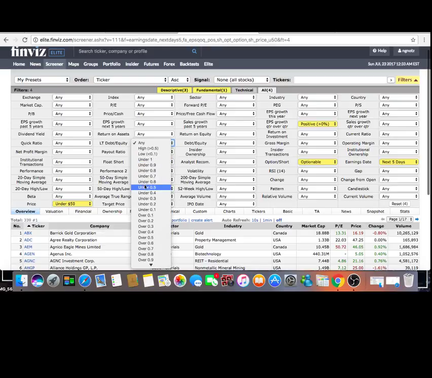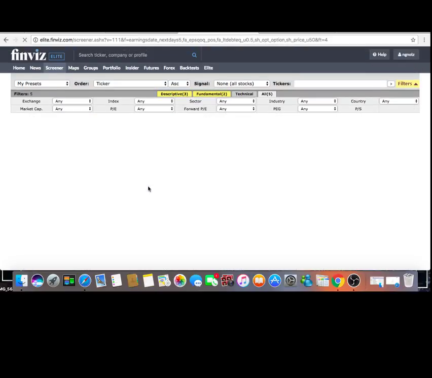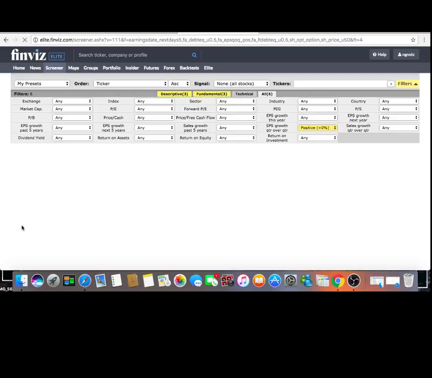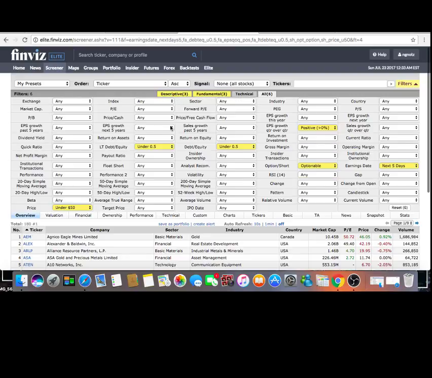I'm going to put the debt under about 5. Okay, so that's good. Debt equity, put this one under 5. It'll knock out a couple more. I go 11. And then, now let's see what we have here.